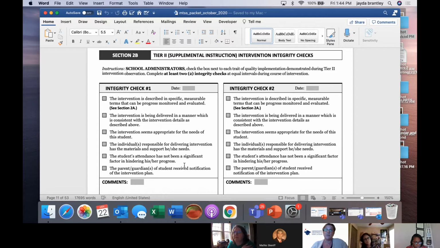There's not a place to put the student's name. If a teacher has multiple intervention students, you may have one form, and you could even make photocopies and put one in each intervention student's file, because you've seen her do all these things with one of her groups.